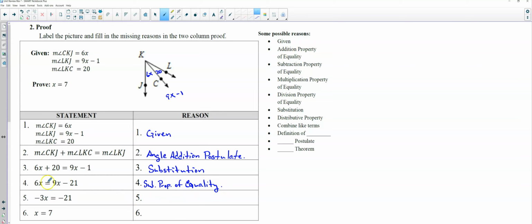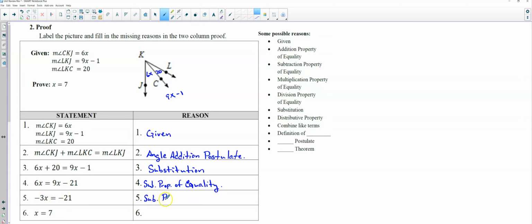All right, so from here, what happened? Notice the 6x changed to negative 3x, so I must have subtracted 9x. So 6x minus 9x is negative 3x equals negative 21. So I still use the subtraction property of equality again.